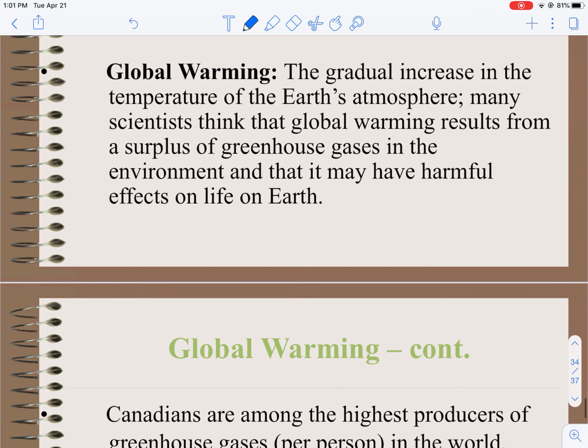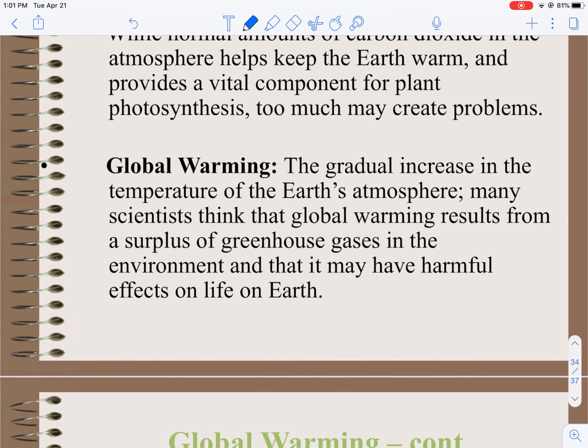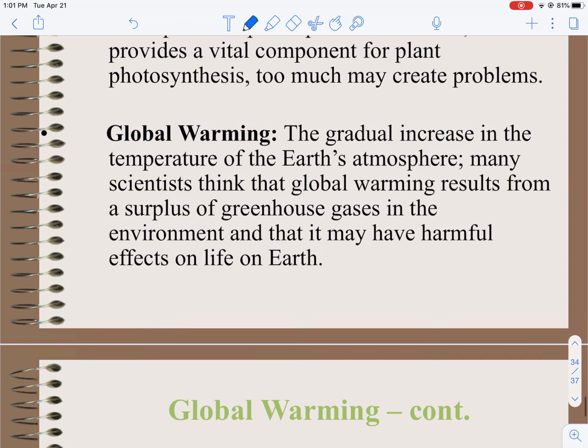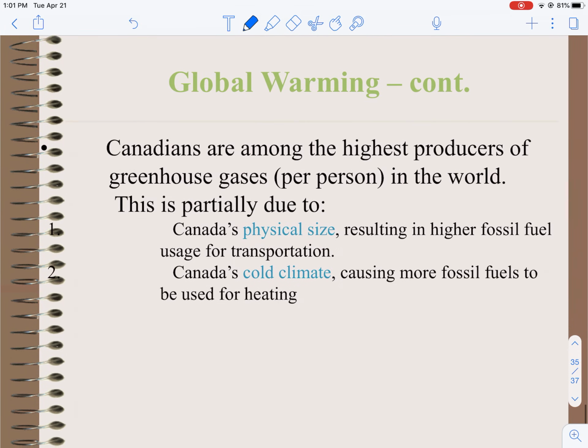So global warming can affect life on Earth in that the temperatures of water may be too high for certain fish and water creatures. It's been related to the melting of polar ice caps. It's related to heating water that circulates around the oceans and maybe causes an upset in our global climate.